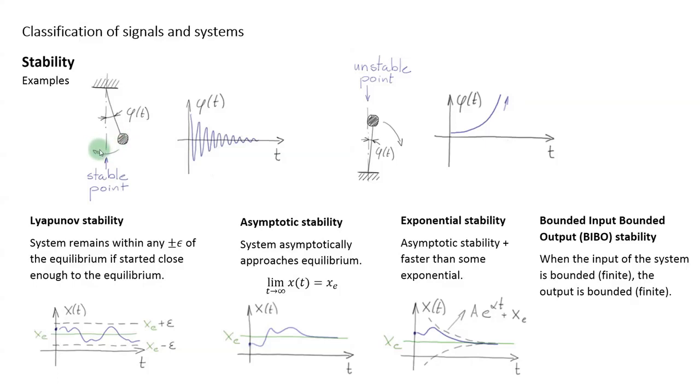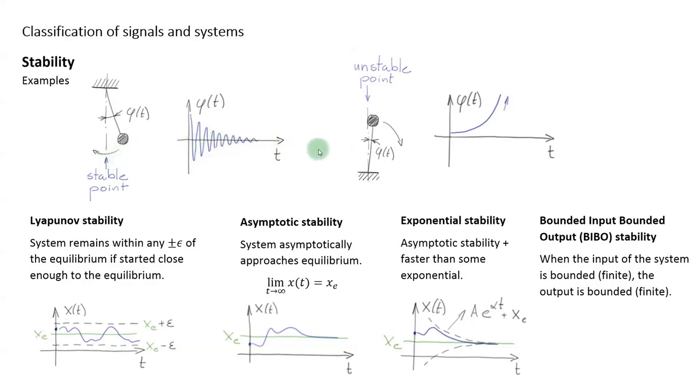In real life, this swinging will not continue indefinitely, but the pendulum will slow down and it will come to this stable point. When I plot the angle of the pendulum over time, I can get something like this. As time goes to infinity, the angle will asymptotically approach zero, so this system is stable at this point.